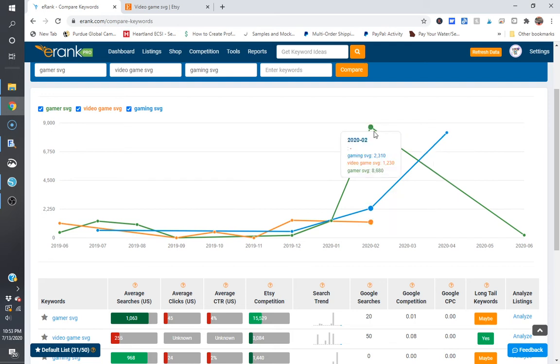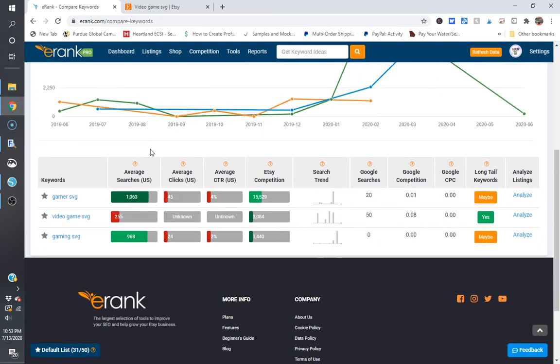And actually, interestingly enough, it looks like gamer SVG and gaming SVG increased and decreased. Anyways, it will give you your average searches, your average clicks, your average click-through rate, and your Etsy competition right here. So it's very similar to the comparison tool that Marmalade has. It just doesn't look as nice.